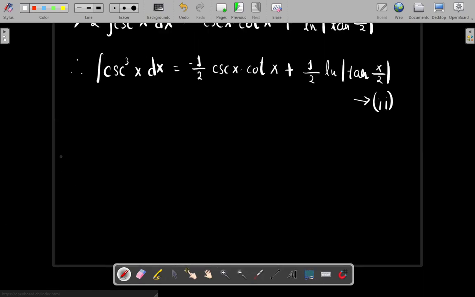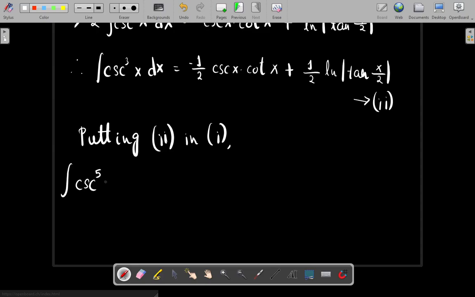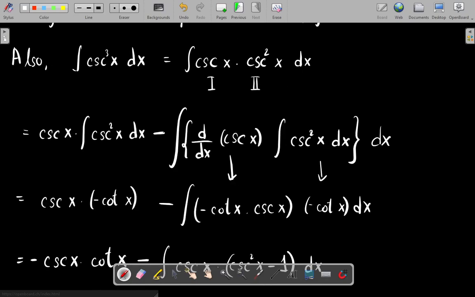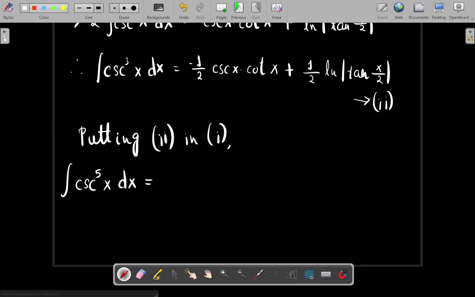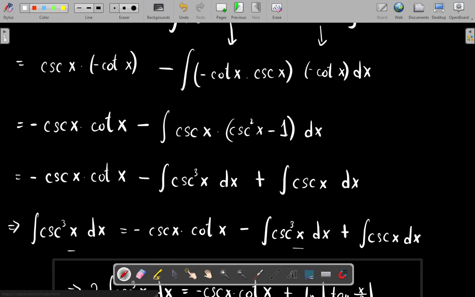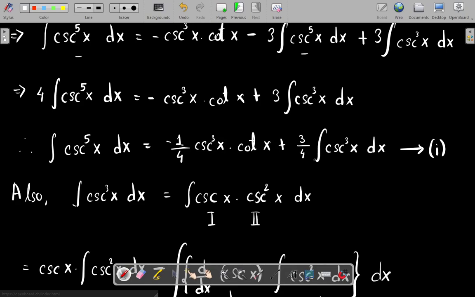Okay, so putting equation 2 in equation 1, we have integration of cosec to the power 5 x dx is equal to minus 1 by 4 cosec cube x cot x plus 3 by 4.